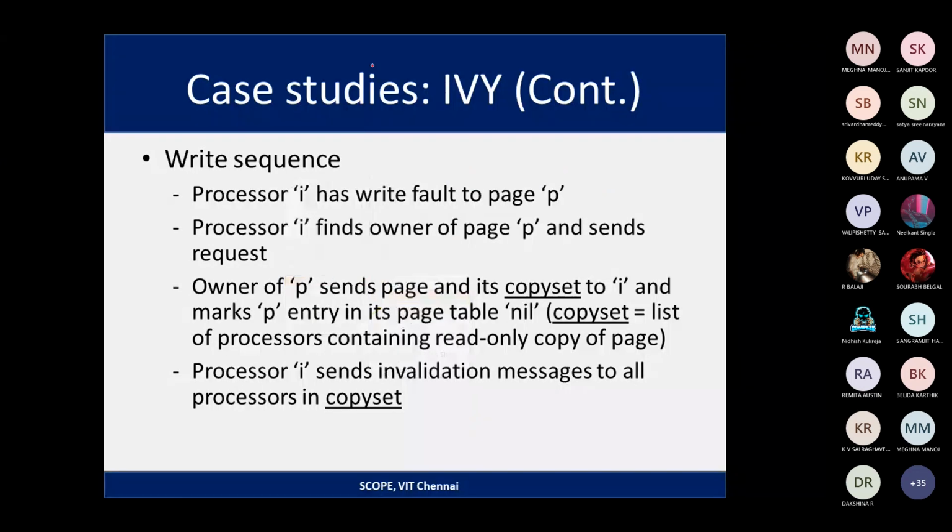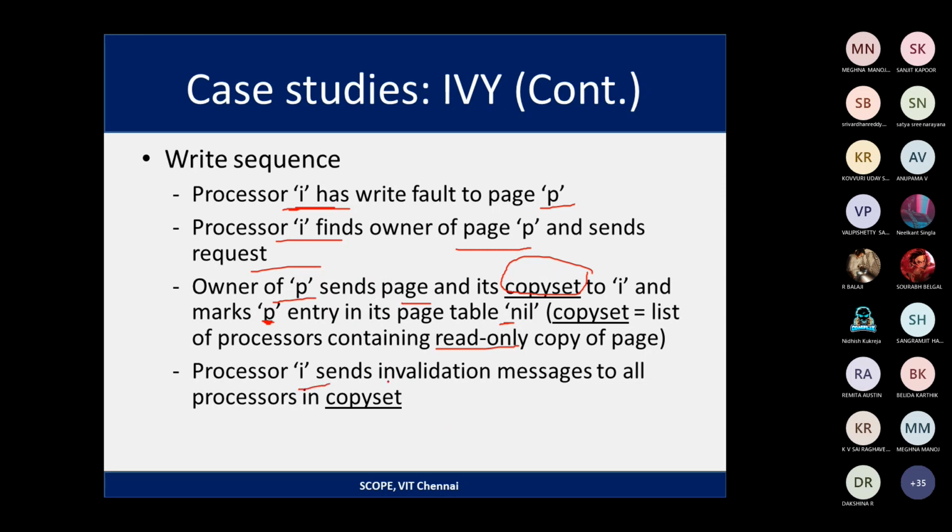If you look at the write sequence here, suppose some processor I sends a write fault for page P. Processor I finds the owner of page P and sends a request to the owner. The owner of P sends the page and its copy set to I, and marks the P entry in its page table as nil. Here the copy set is nothing but the list of all the processors which contain a read-only copy of the page.